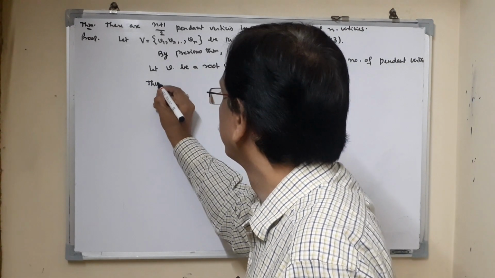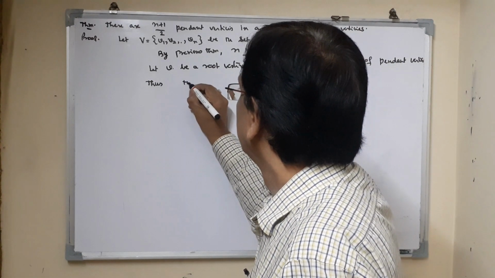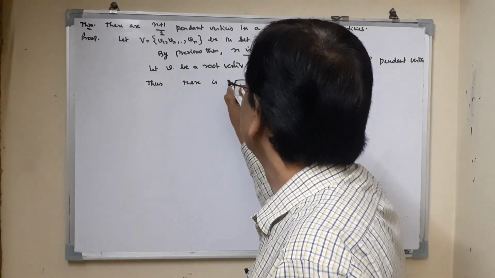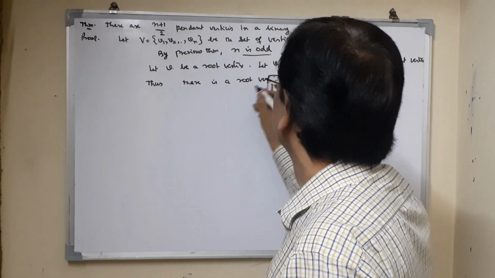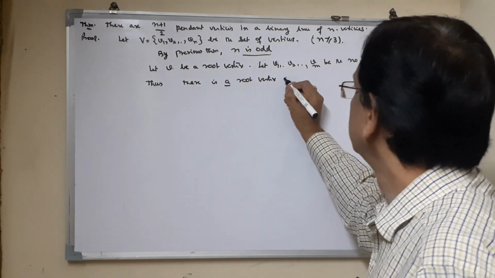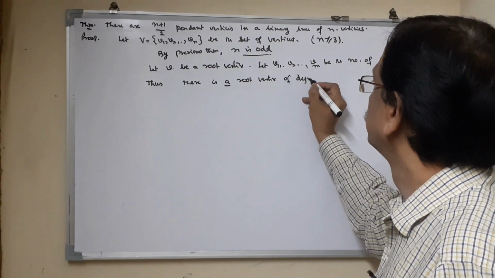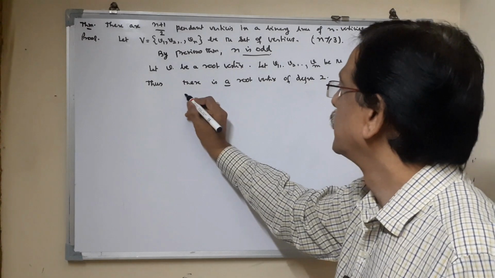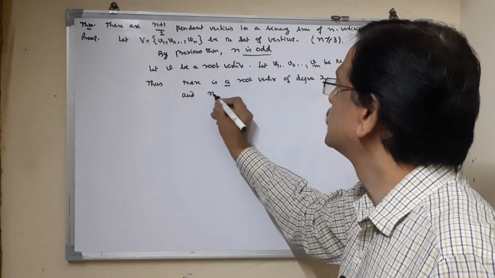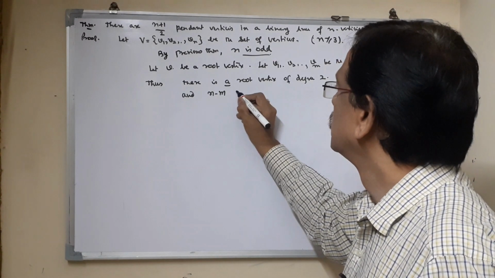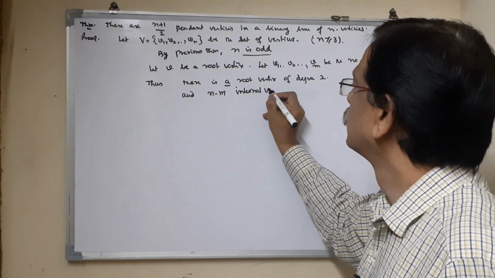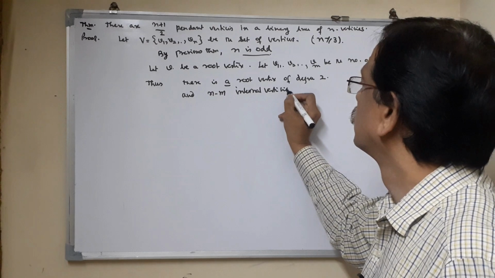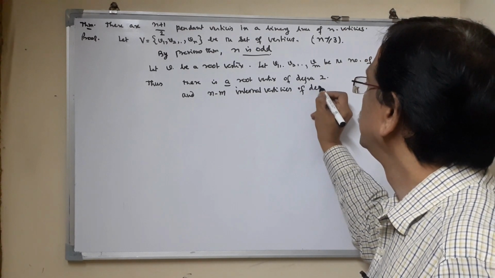Thus, there is one root vertex of degree 2 and n minus m internal vertices of degree 3.